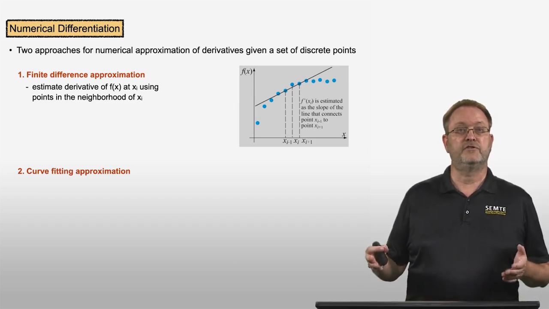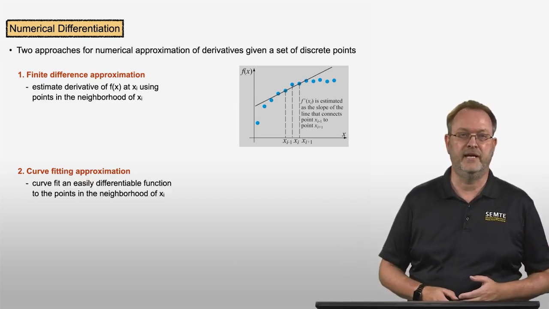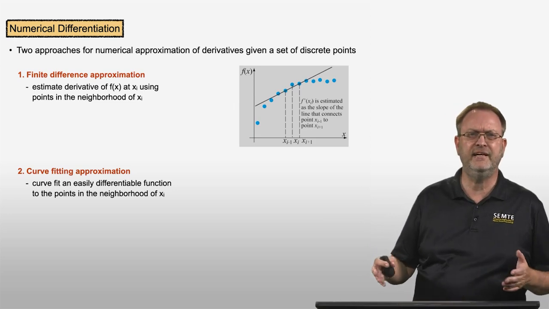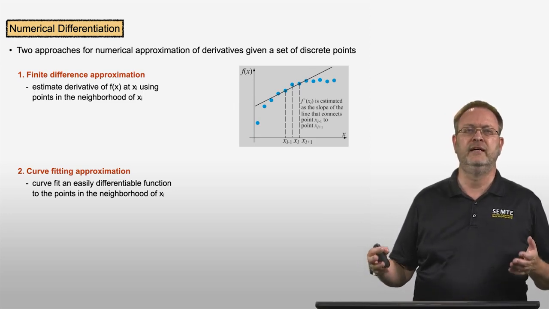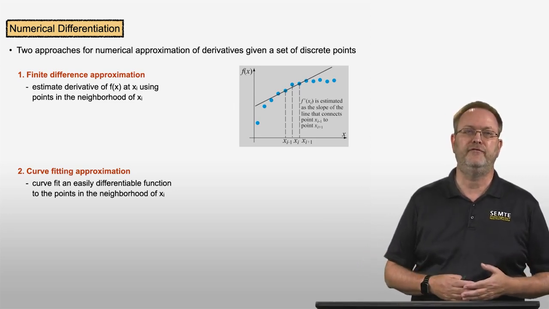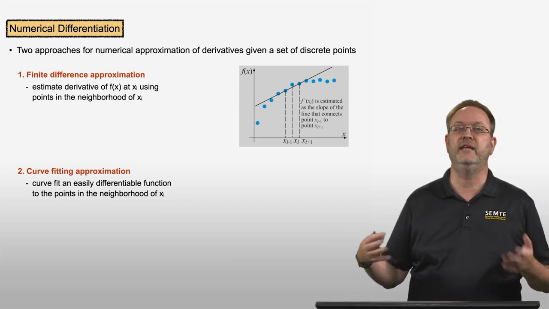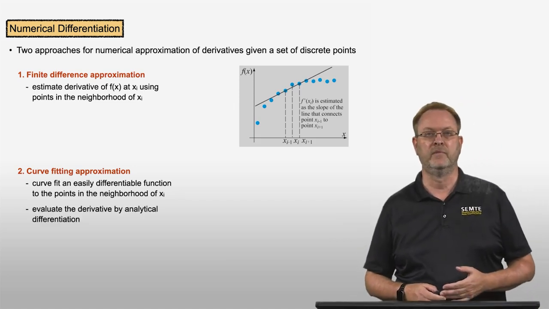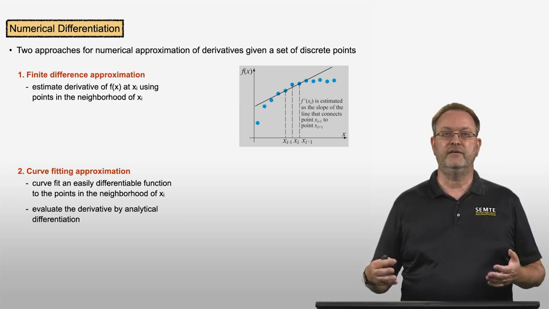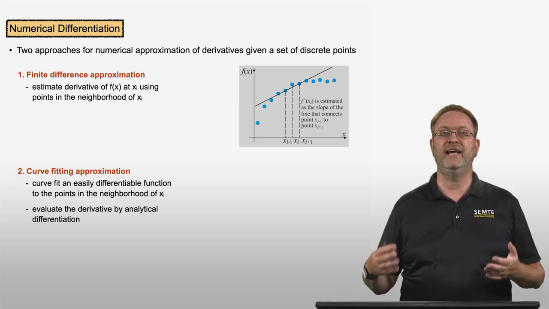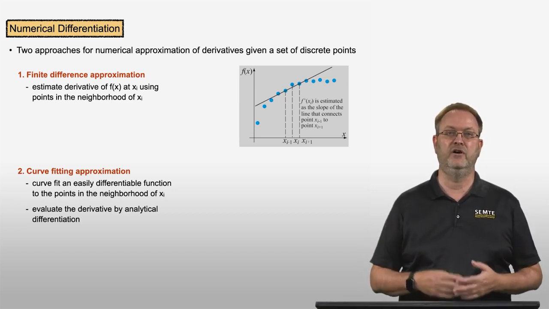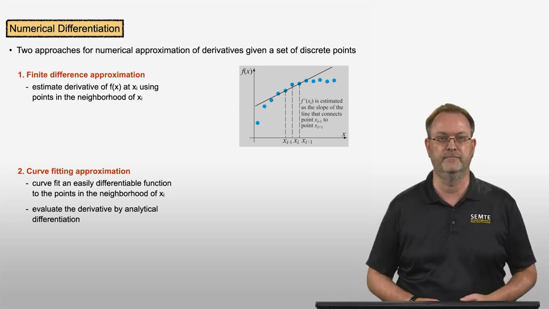The second approach is called curve-fitting approximation. And the idea here is to first curve fit an easily differentiable function to the points in the neighborhood of xi, and then to evaluate the derivative by doing the analytical differentiation of this fitted function.